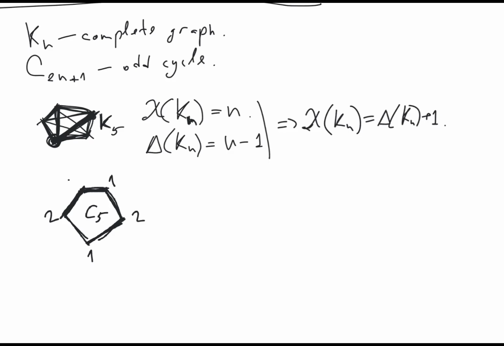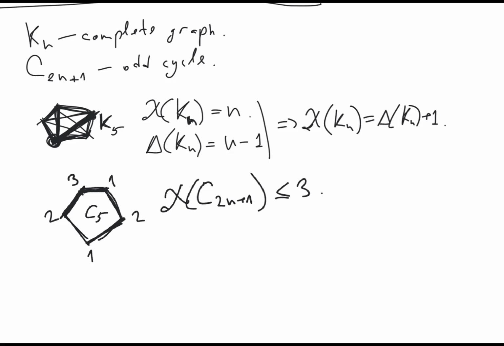So for the last vertex we need to use the third color, but we can always color into 3 colors. So this shows for now that the chromatic number is less or equal than 3 because it is 3 colorable.